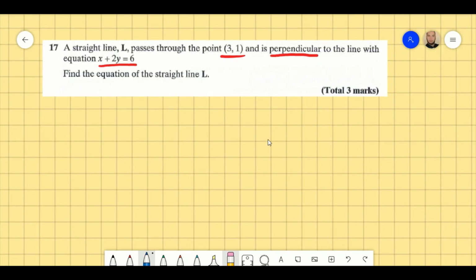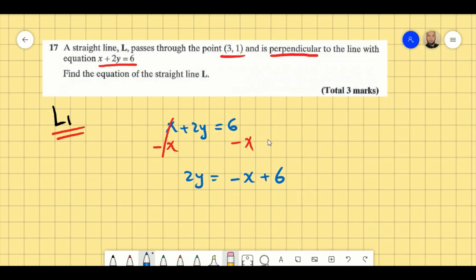Line 1: the equation is x plus 2y equals 6. Let's make y the subject, so minus x. 2y equals 6 minus x, or negative x plus 6.